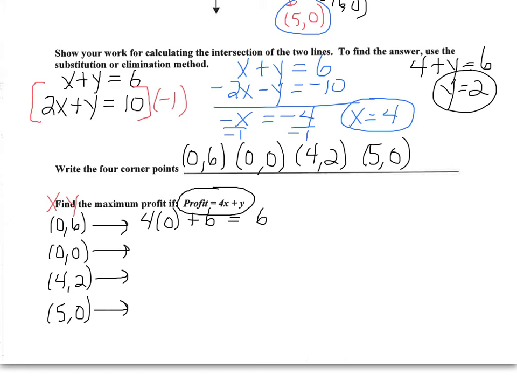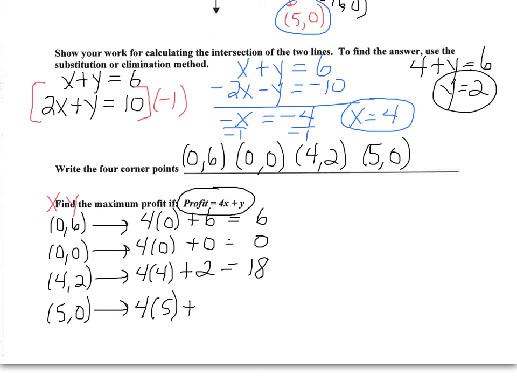For (0, 0), I'm going to have 4 times 0 plus 0, which is 0. For (4, 2), I'm going to have 4 times 4 plus 2, and that's going to give me 18. And then (5, 0), I'm going to have 4 times 5 plus y, which is 0, equals 20.